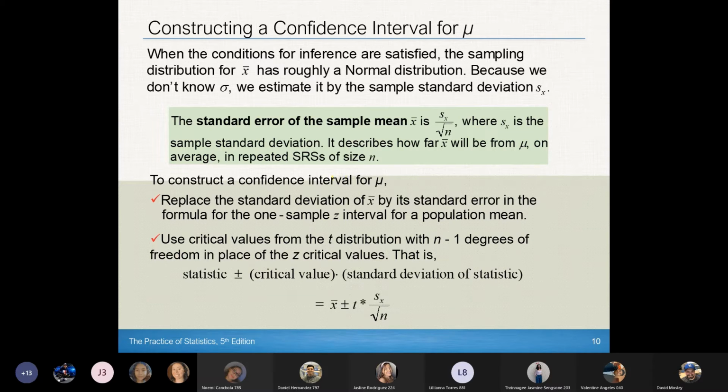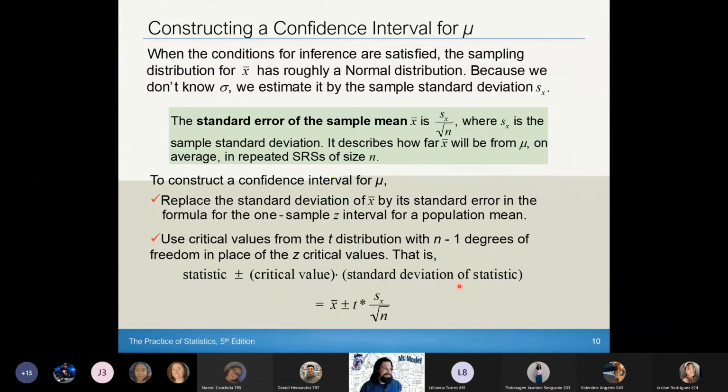When constructing a confidence interval, when the conditions for inference are satisfied, the sampling distribution for x bar has roughly a normal distribution. Because we don't know sigma, we estimate it by the sample standard deviation s sub x. The standard error of the sample mean x bar is s sub x divided by the square root of n.